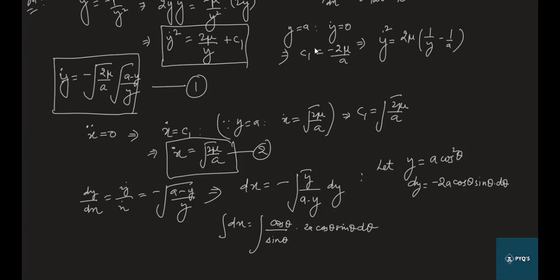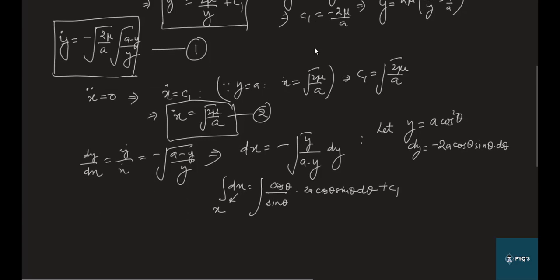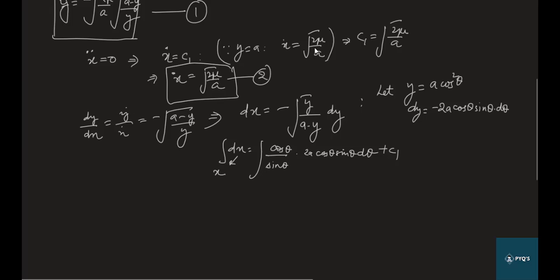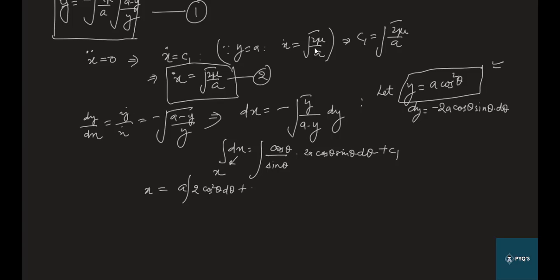So integrate it, and some constant c1. So that will be equals to x. Let me scroll this down. So I have taken y equals a cos square theta. Now what I'll get is x equals, if we cancel this cos theta with this, take a outside, I'll get 2 cos square theta d theta plus c1.